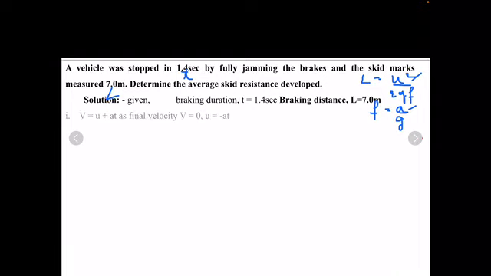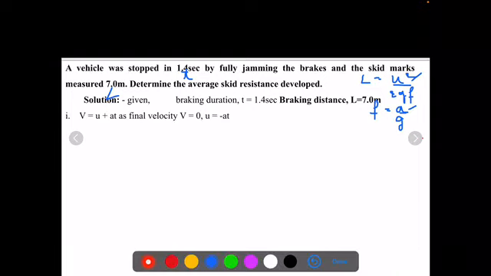The formulas relating speed, acceleration, and time include v is equal to u plus at. That's the first relationship. If we take the first relationship, we cannot calculate the acceleration, because the final speed v is 0, the initial speed is unknown, and the acceleration is also unknown. So we cannot use this directly.